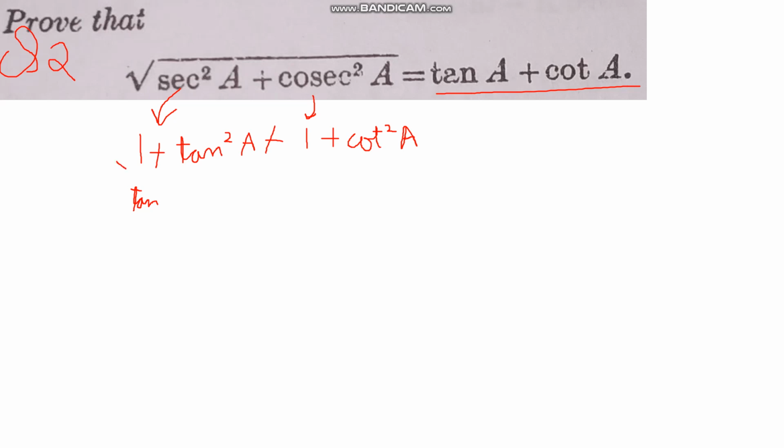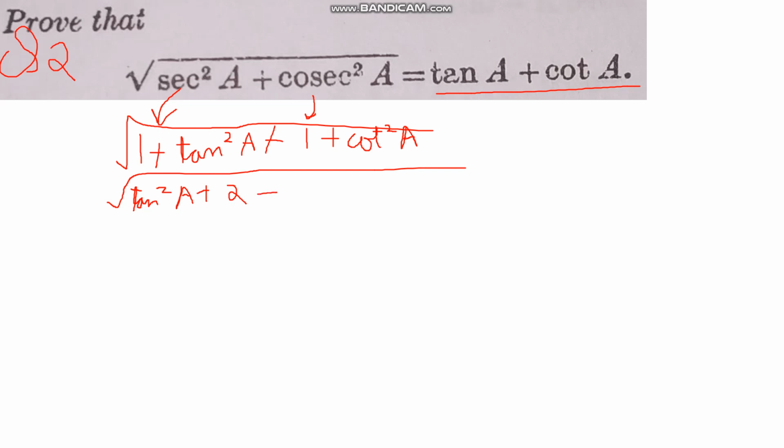If we take it as under root here, leave the under root, we get tan square A plus 2 plus cot square A.